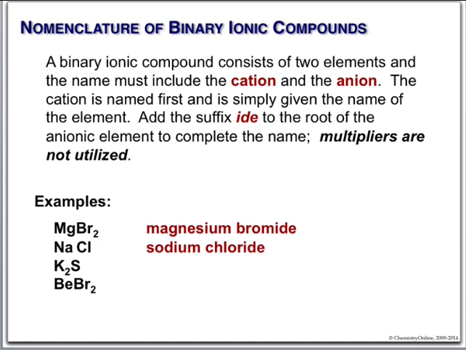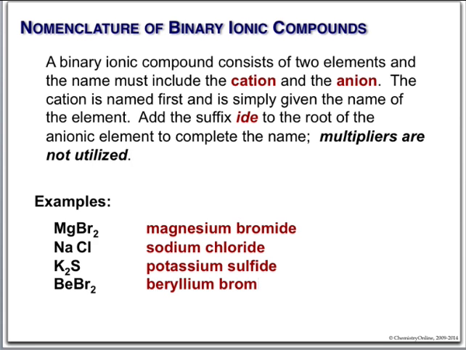K is potassium. No multipliers, even though there are two of them. Sulf is our root, and we add IDE. Be is beryllium. That's our first word. We've already done bromine. That brome is our root.